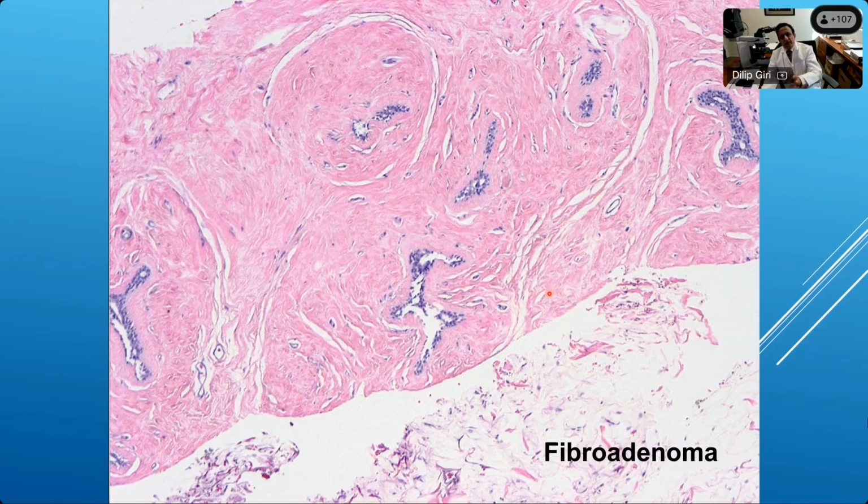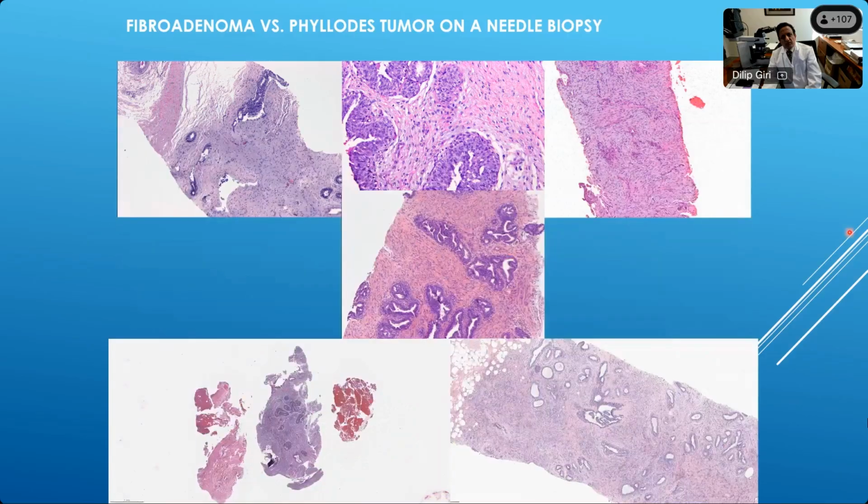They are early in their life history, and therefore they are more cellular and growing. And they tend to be something like this. They're quite cellular, and then you are called upon, oh, am I dealing with a fibroadenoma or not? And therefore they become challenging.